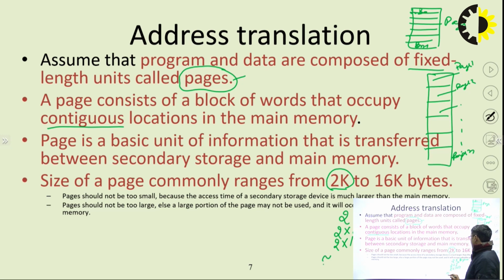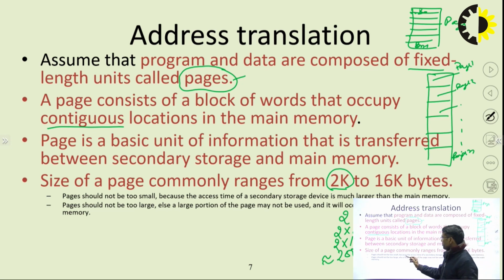So, roughly it is 2000 bytes in one page. The block size is very small with respect to the page size. So, a page has from 2000 to 32,000 bytes.